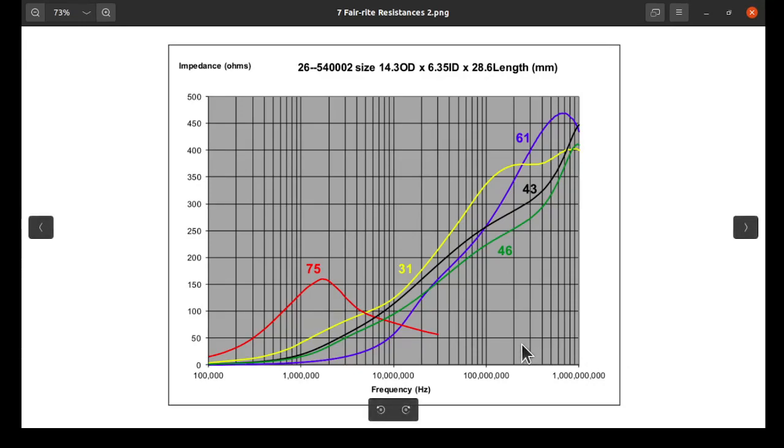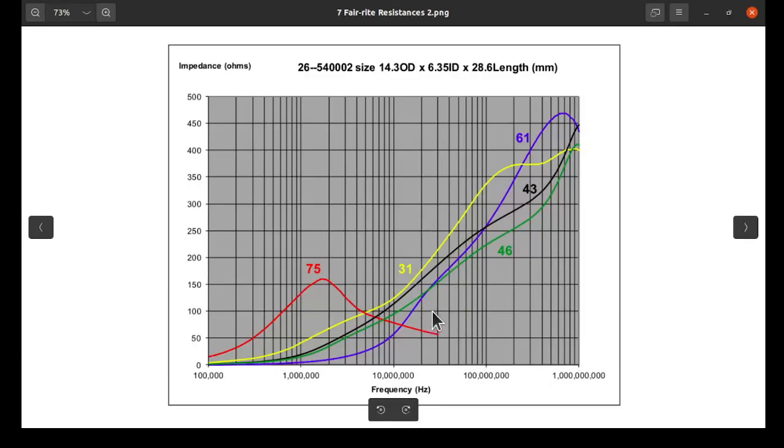We have a cross frequency here, impedances of the material along here, 0 to 500 ohms. We have a 75 material, a 31 material, the 61 material, a 43 material, and a 46 material. And the bulk of them, especially in this region, all have similar properties.